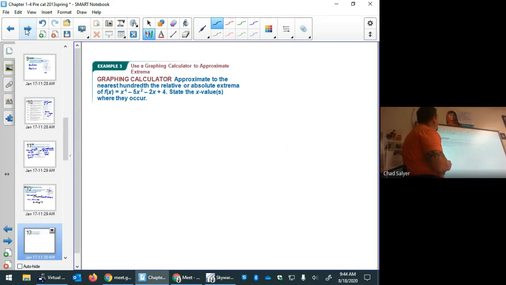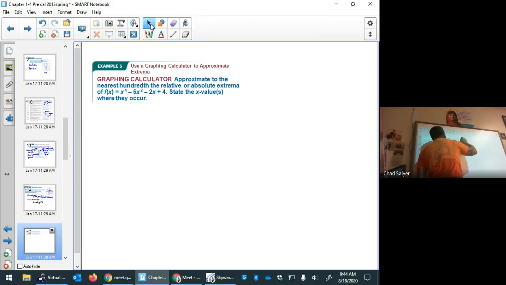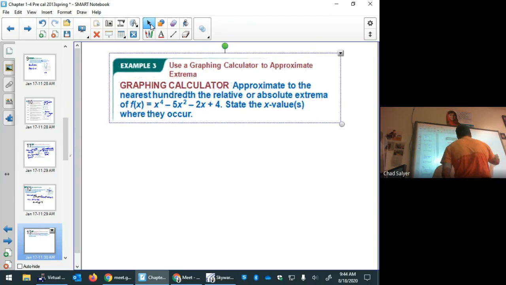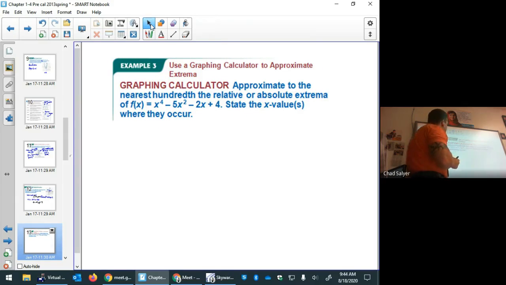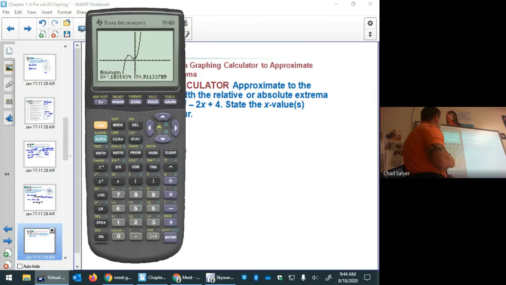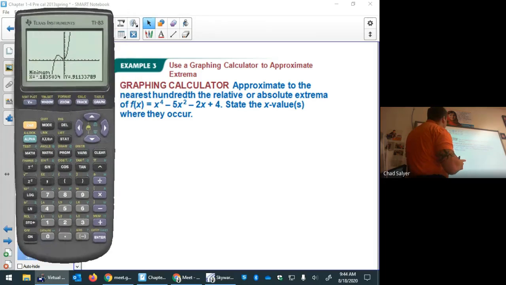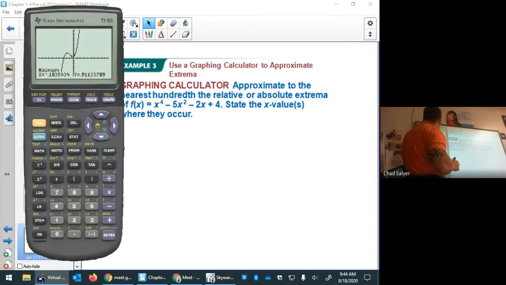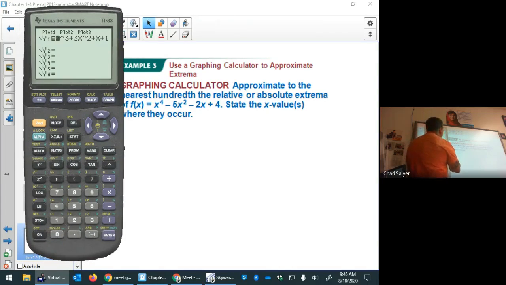Okay, moving on. Using a graphing calculator, which we've been doing to support our answer anyway, approximate to the nearest thousandth the relative or absolute extrema of, and they give us a function. No graph this time, so you have to use your calculator. Can't do any estimation first. Okay, so let's go to y equals, clear out whatever's there. The function x to the fourth minus 5x squared minus 2x plus 4.